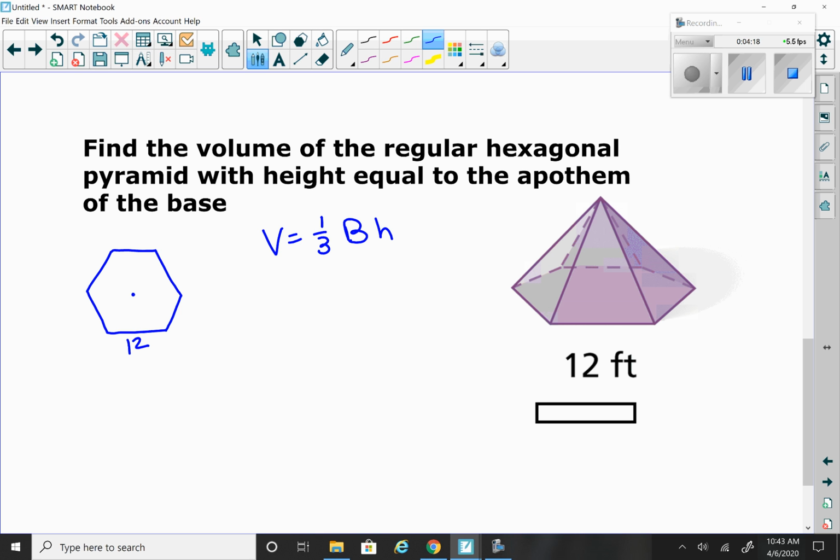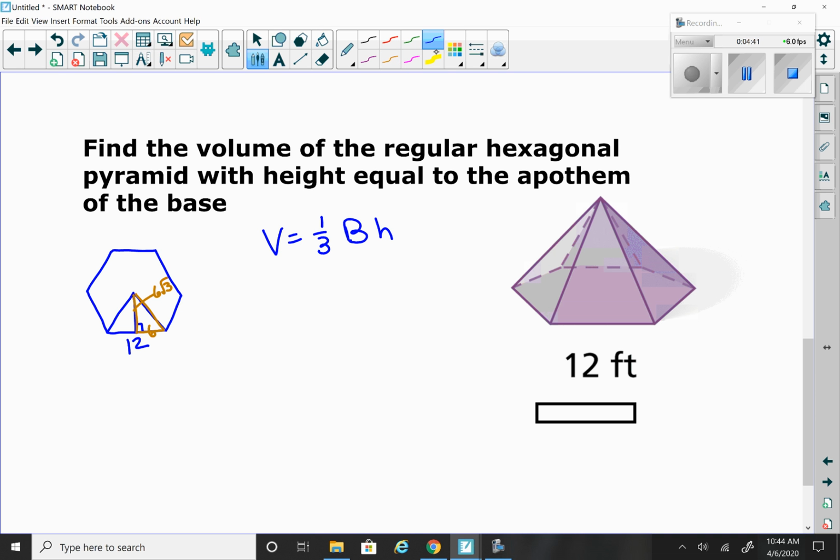I can go ahead and draw the center of that hexagon, and there's my central angle, and draw in the apothem. This is creating a small 30, 60, 90 triangle. So if that whole side is 12, half of that is 6. That means that my apothem is 6 root 3. Again, remember, this is a 30, 60, 90 triangle.